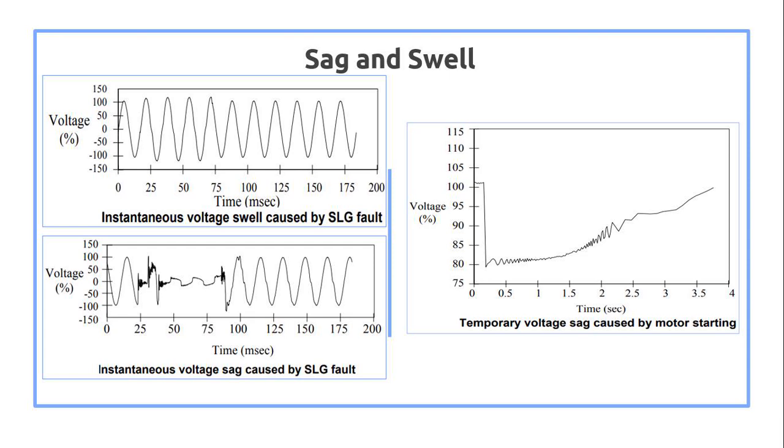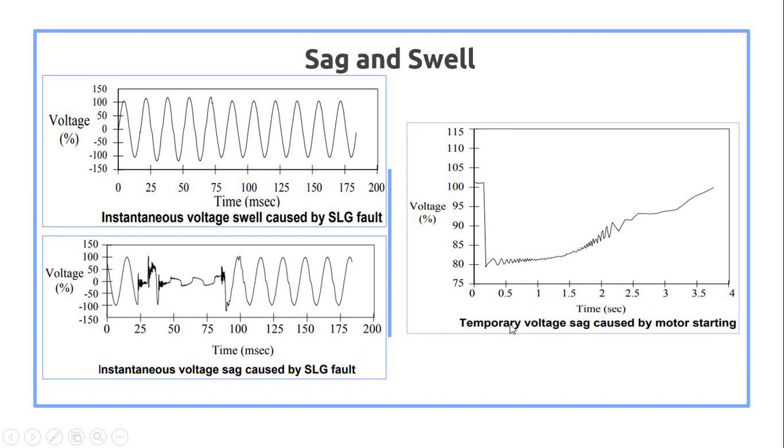Now these are some other examples of sag and swell. This is the instantaneous voltage swell caused by single line to ground fault. This is the instantaneous voltage sag caused by single line to ground fault. Here it is sag.